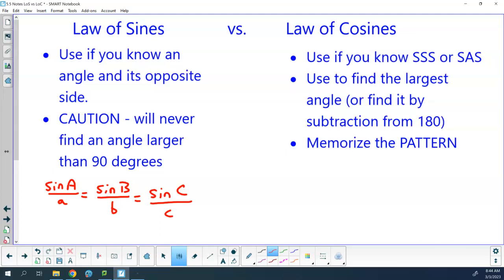The one kicker, and it's a cautionary tale: finding the inverse sine only finds an acute angle. So you have to use the law of sines to find the smallest angle first. Again, I ask the question, how do I know in a triangle which angle is bigger or smaller?